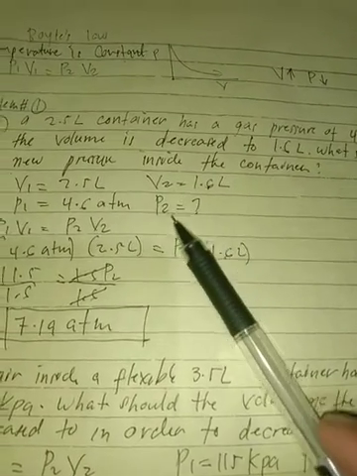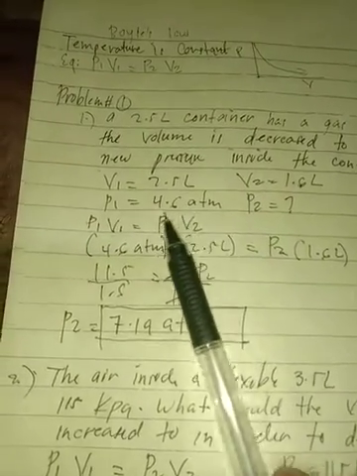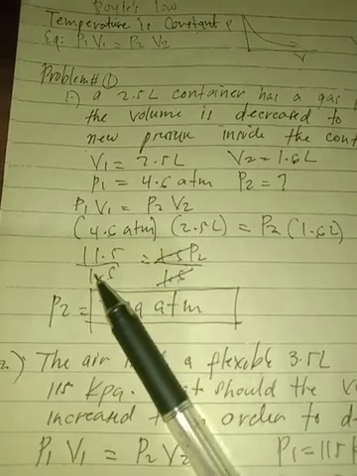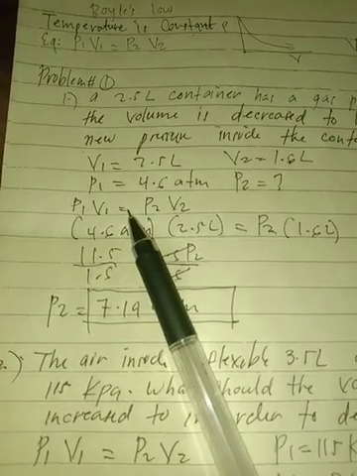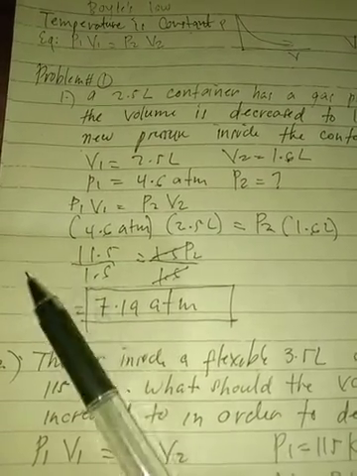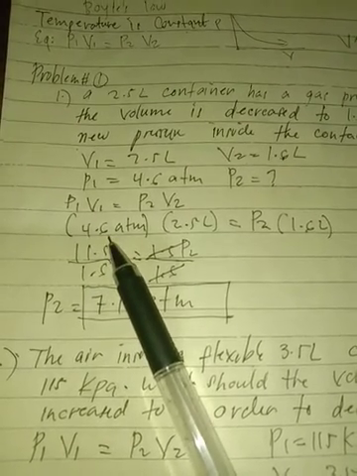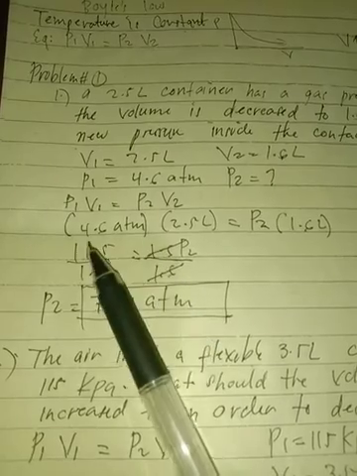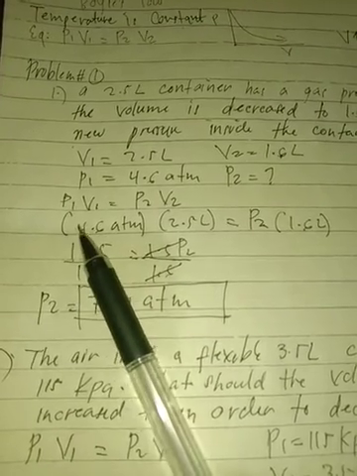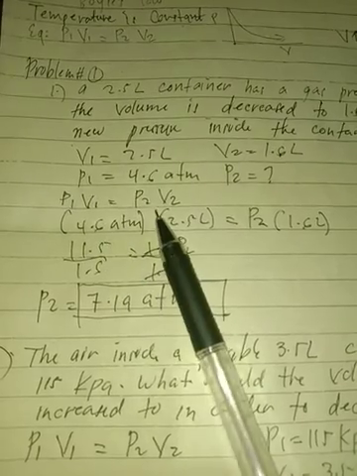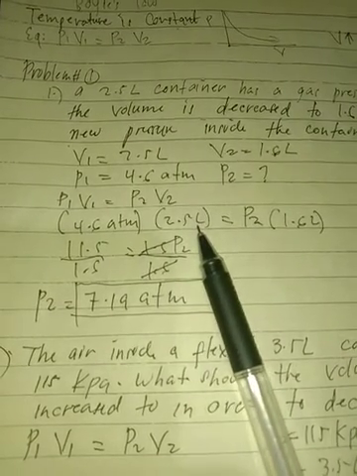Our pressure 2, we are going to solve by using this equation: P1 V1 equals P2 V2. The value of our P1 is 4.6 atm. The value of our V1 is 25 liter.